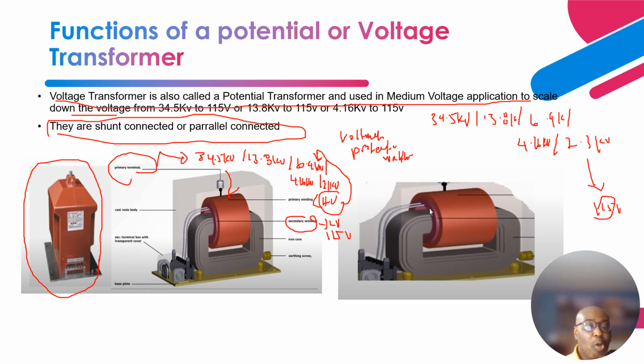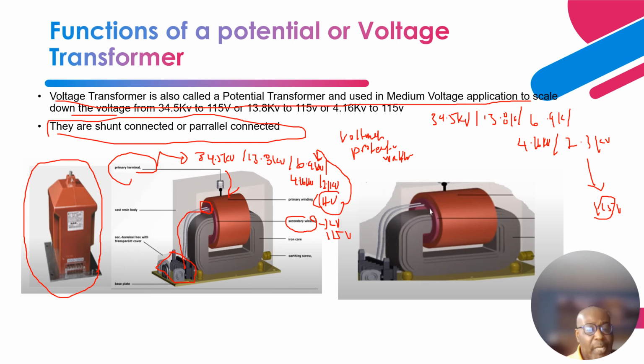These are the wiring from the low voltage winding that is brought outside to the low voltage compartment box. It's a small box that is connected externally to this PT box over here.